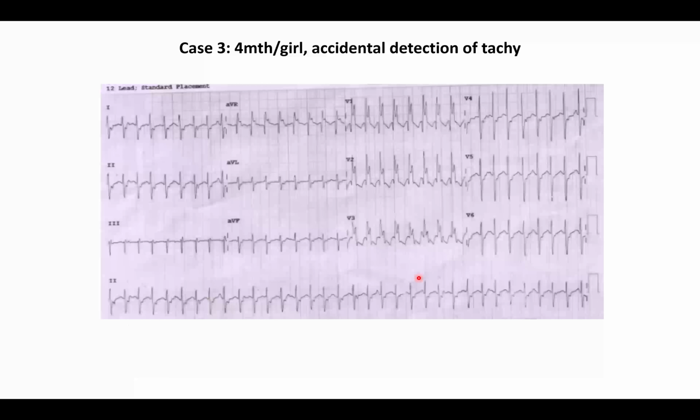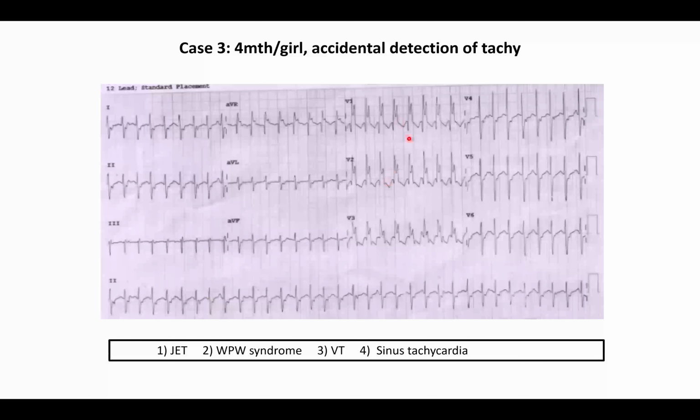Now let's walk through this ECG. One, it is a right bundle branch block tachycardia, right? Second, it's not that wide, nor that narrow, a tachycardia. This ECG was diagnosed as just a supraventricular tachycardia.